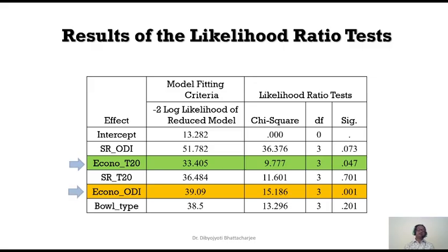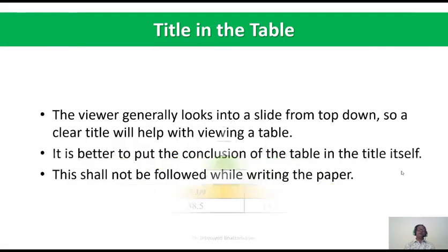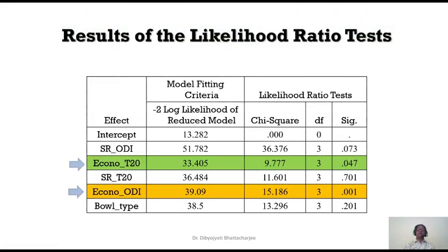These are some regression results being displayed on cricket analytics, and economy rate in T20 and economy rate in ODI, these two things are significant, as evident from the p-value in the last column of the table. That means in this table we get the significance. This is also called the p-value.